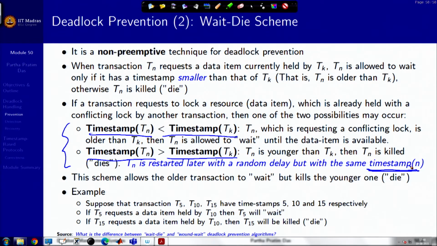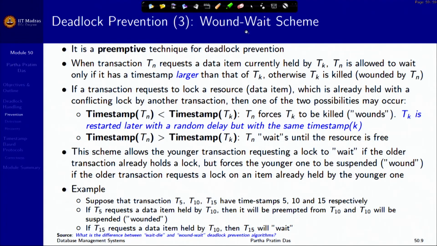So, it is actually starting at a later time, but I am using the older timestamp so that the relative seniority of that transaction remains, as if the transaction was sleeping during that time. So, it allows the older transaction to wait and kills the younger one. Here is an example which you can see for yourself. This is called the wait-die scheme, where things are non-preemptive.